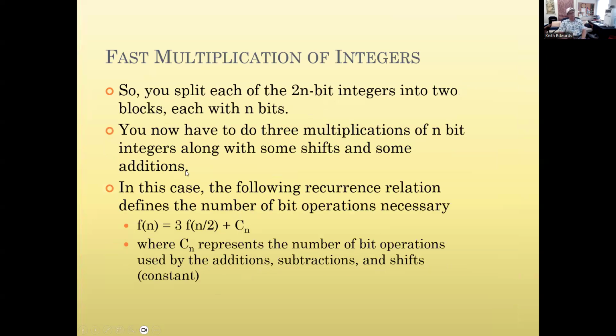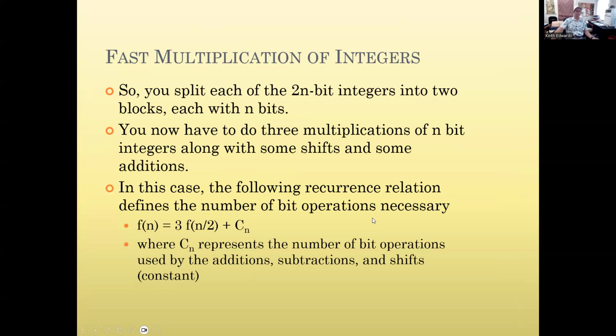So each of the two n-bit integers gets split into two blocks with n divided by 2 bits, and then we do 3 multiplications of these n divided by 2-bit integers versus 4, along with some shifts and some additions. And you've seen this perhaps in 266. In this case, the following recurrence relation defines the number of bit operations necessary. It's 3 times f of n divided by 2 plus C n, which is the additions, subtractions, and shifts.